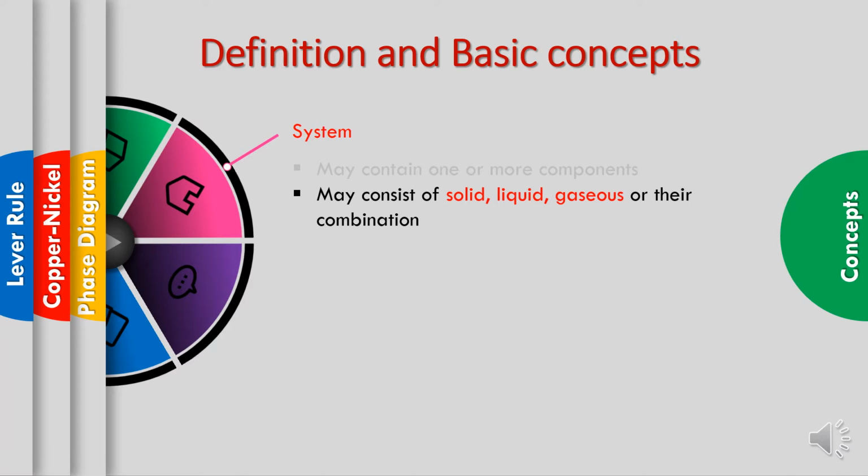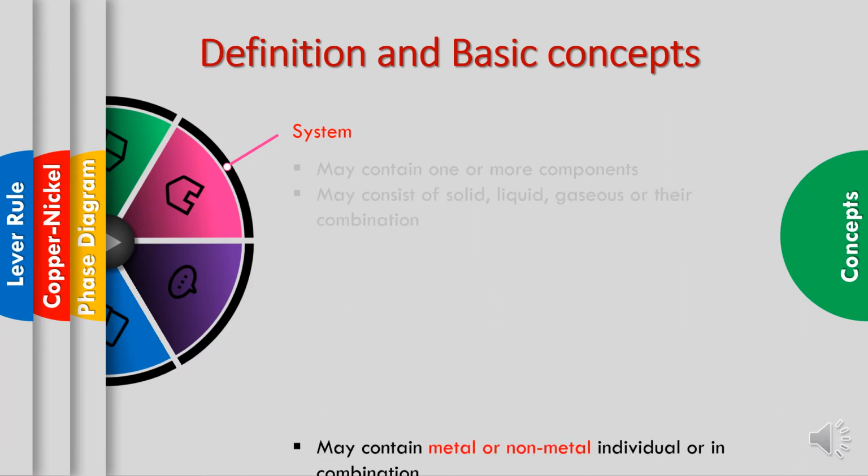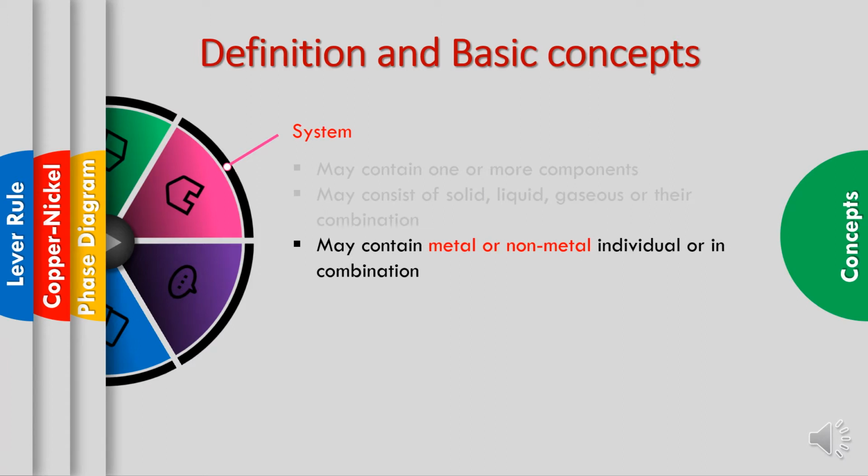We have solid and liquid, and then liquid and gas combination, and solid and gas combination. It may contain metal or non-metal individually or in combination. This is the metal element mixed with the non-metal.